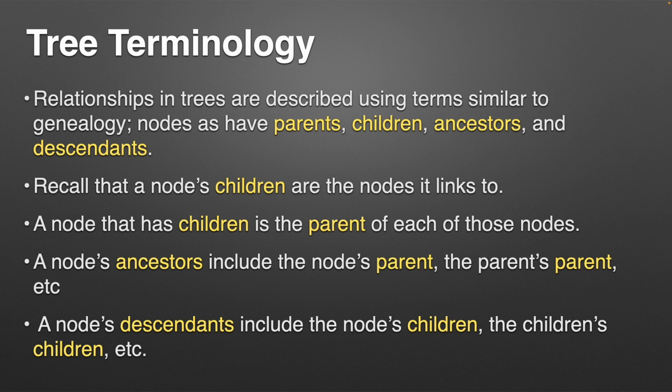Anyone above you in the tree is an ancestor, and it doesn't matter how far above they are; anyone below, descendant. So you just saw that you have the parent nodes and the children nodes, and you have the links between them. And that is the most basic structure of the tree.